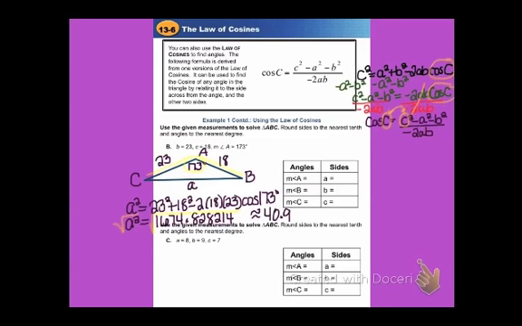So that side length is about 40.9, and that makes sense because it has to definitely be the biggest side of the triangle. It's across from that big 173-degree angle. And so side A is about 40.9, and of course the other two sides were given. Side B was 23, and side C was 18.